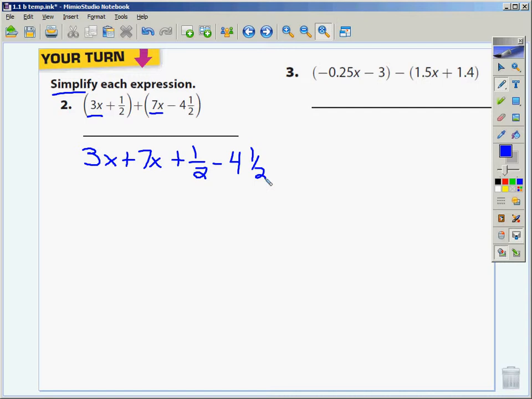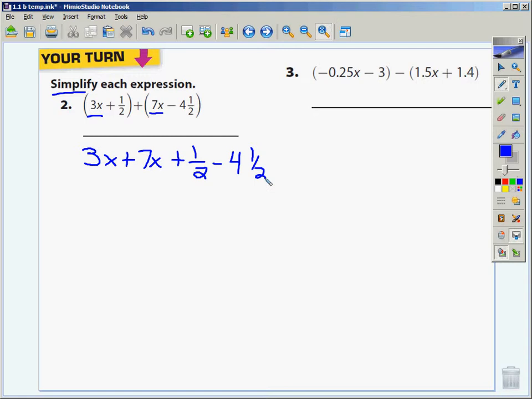Which property is that? It is not the associative, but that was a good guess. It is not distributive. It is commutative. Commute means to go from one place to another. And when things are changing places, like they did here, we're using that commutative property.